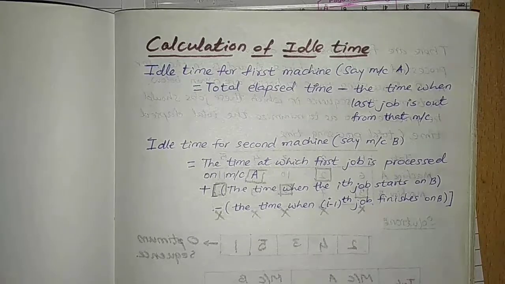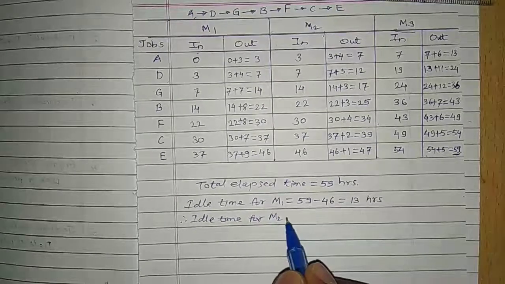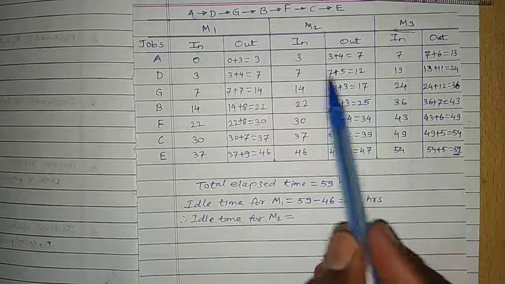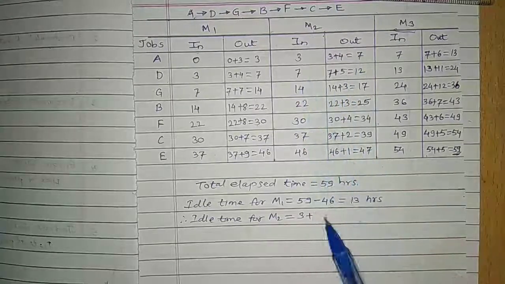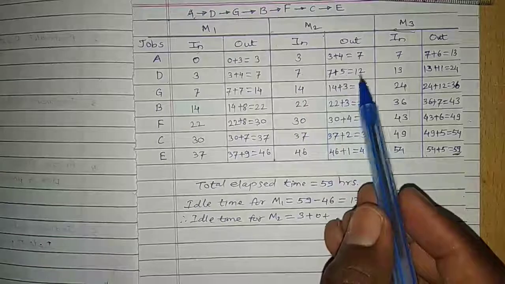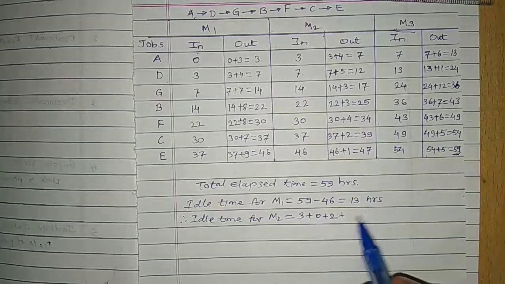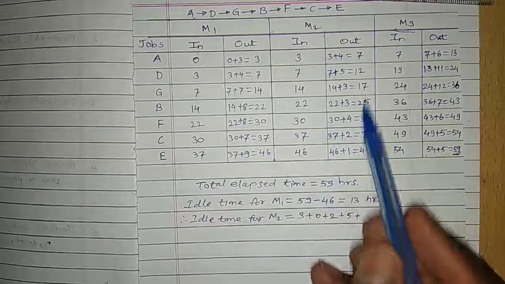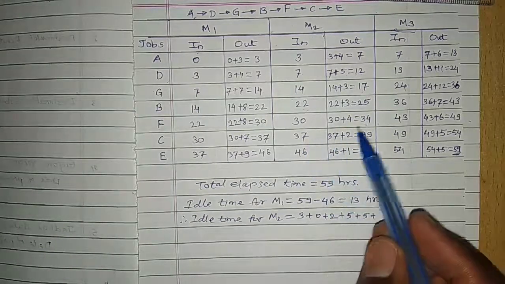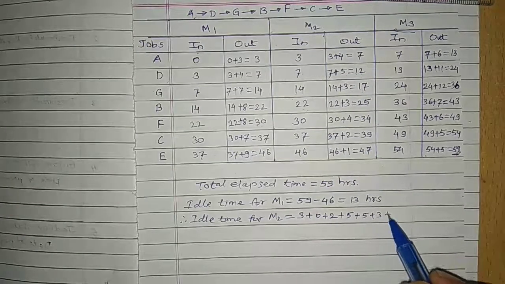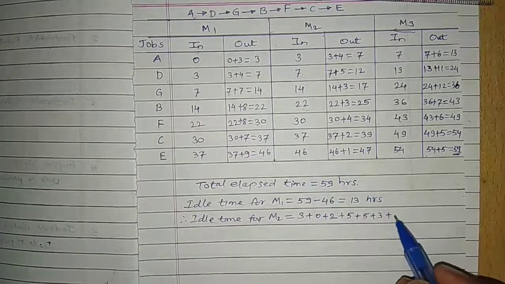Idle time for M2 will be 3 plus 7 minus 7, 0, plus 14 minus 12, 2, plus 22 minus 17, 5, plus 30 minus 25, 5, plus 37 minus 34, 3, plus 46 minus 39, 7.